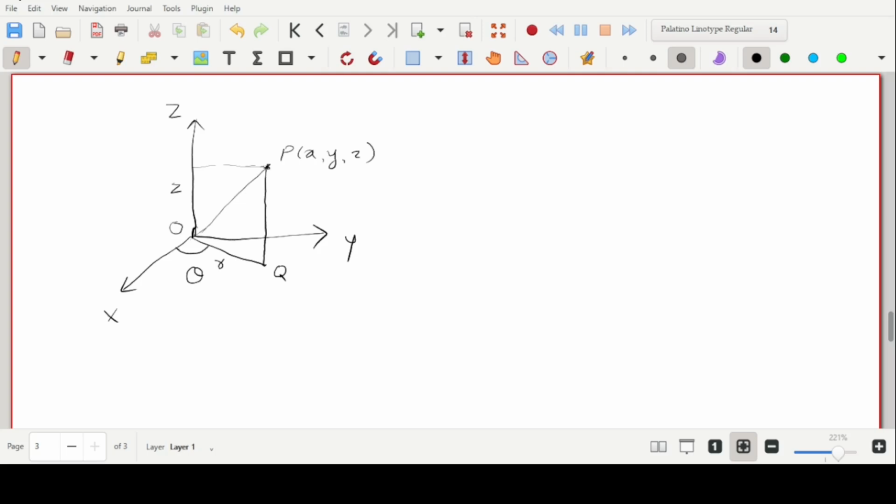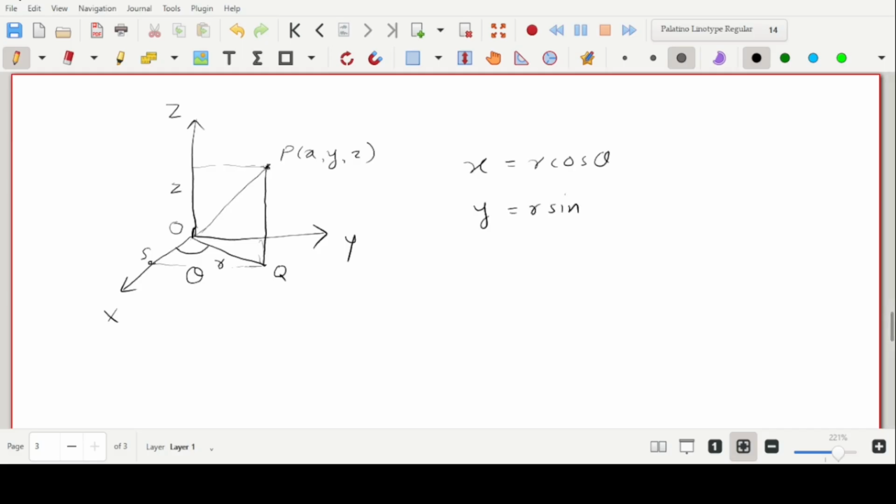Since OQ is r and this angle is theta, if we drop a perpendicular from Q onto the x-axis and also onto the y-axis, we get the equations for x and y. Suppose we call this point S, then OS is OQ cos theta, which means OS is the x coordinate, so x is r cos theta, and similarly y is equal to r sin theta.